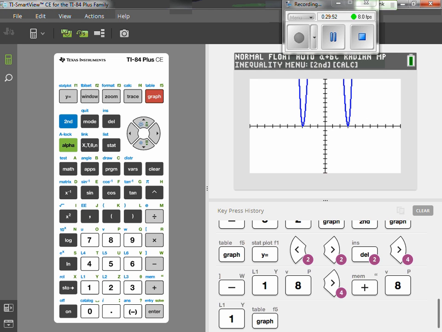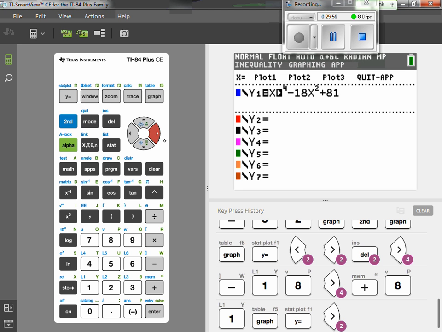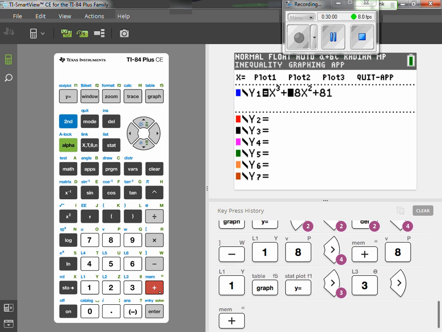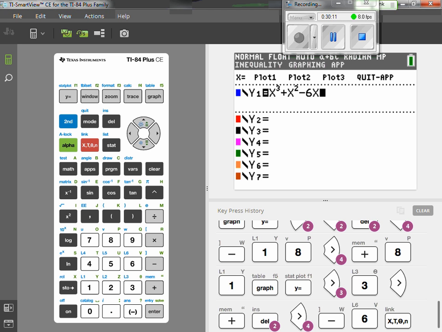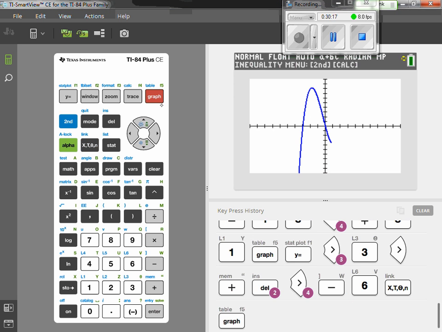So to graph that, we're going to go over to y equals x cubed plus x squared minus 6x. And once we get that typed in, we're going to graph it.